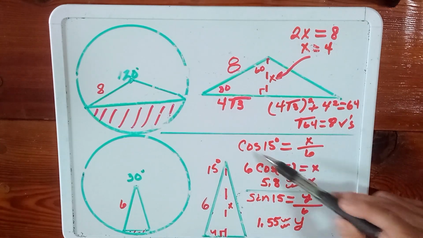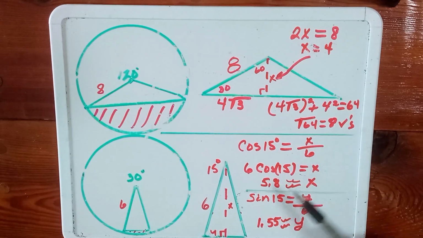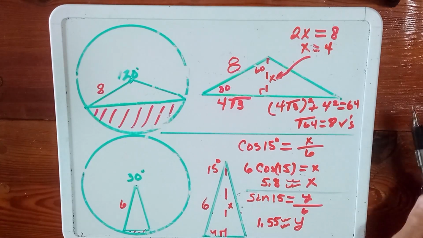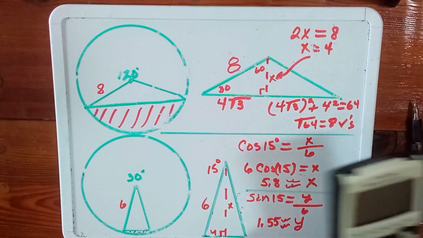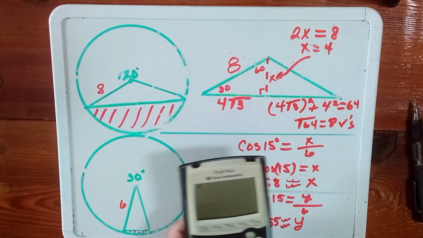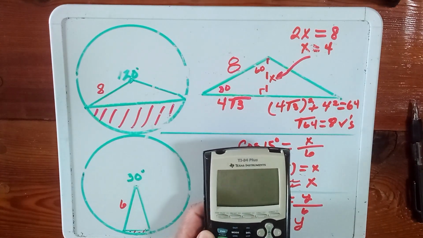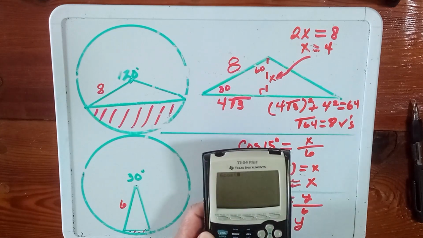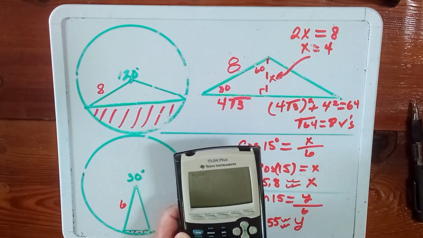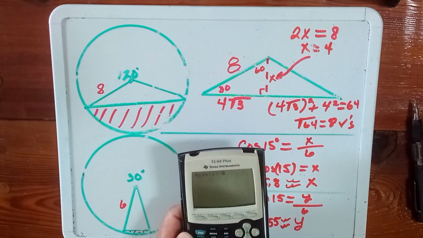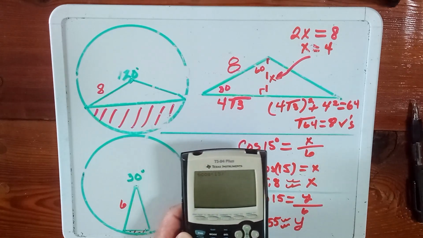When I cross multiply, that gives me 6 cosine 15 is equal to x. So what does that look like? It's going to be 6 cosine 15 degrees.